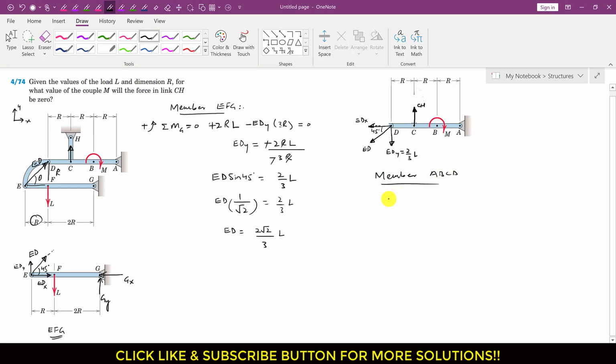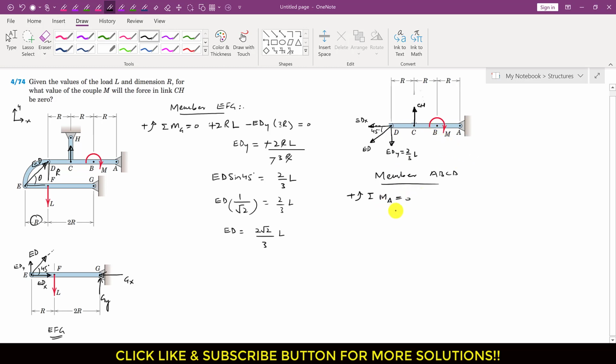Now we are considering member ABCD, and if I apply the summation of moment about point A equals 0, and we consider that the counterclockwise moment is positive, then as we can see, EDX is passing through that point A, so it will not produce a moment about point A. So only this EDY is producing the moment about point A in the counterclockwise direction.